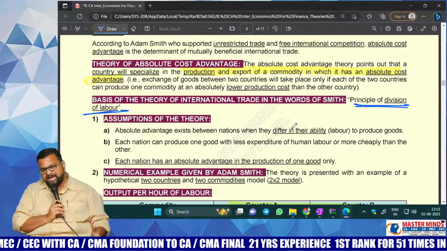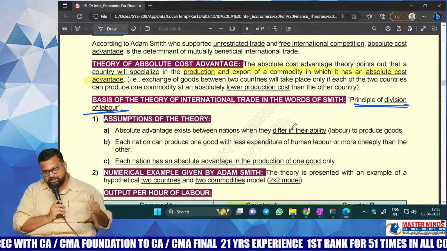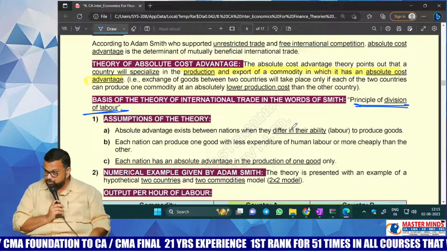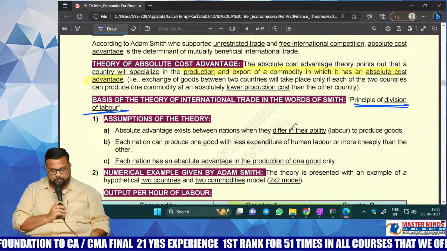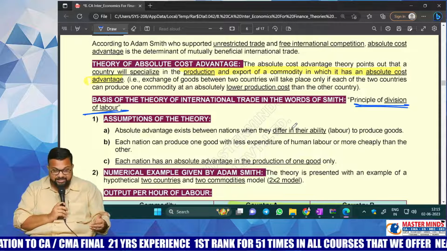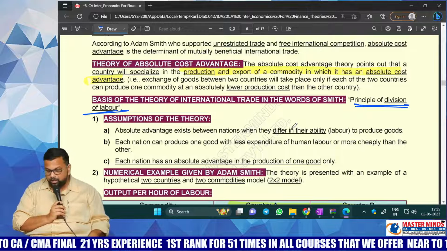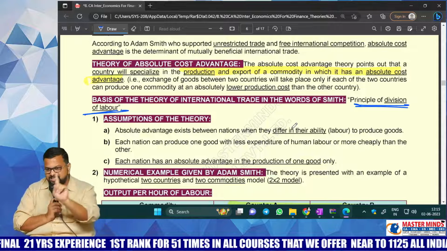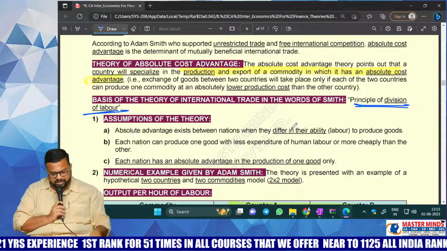That means India has advantage in production of software, and China has advantage in production of manufacturing goods. Same thing here also. Labor is available in both the countries, but skill level changes from country to country. In such a case, productivity will also change from country to country. Because of this reason only, a country has advantage in one good, other country has advantage in another good.